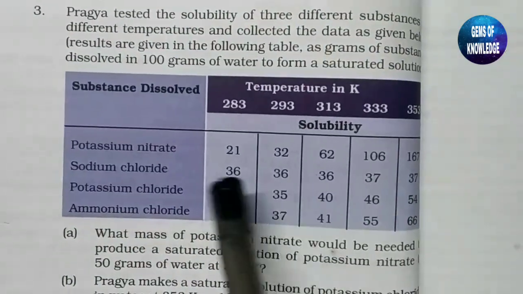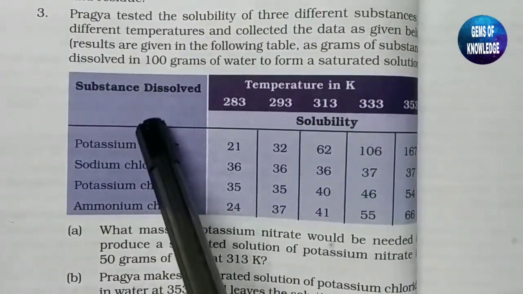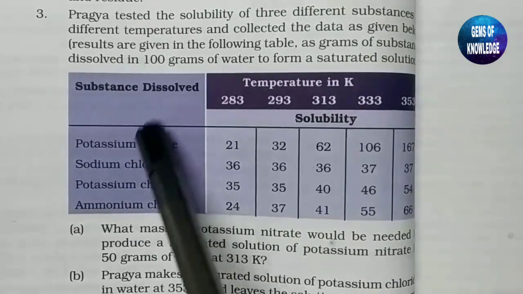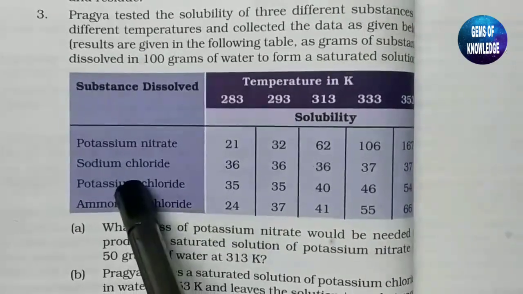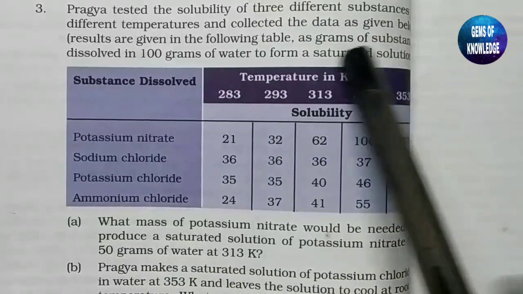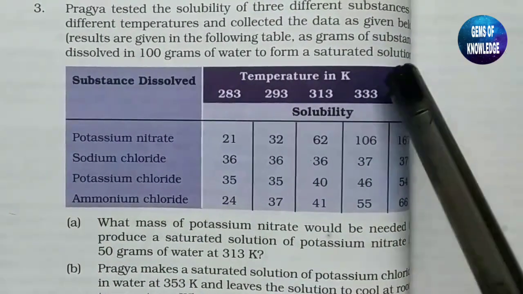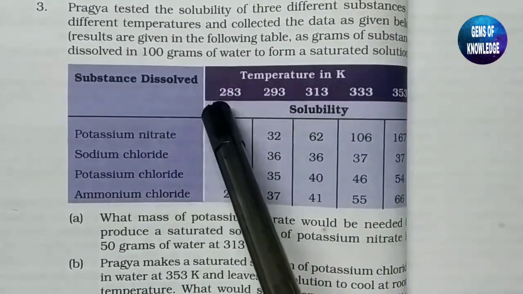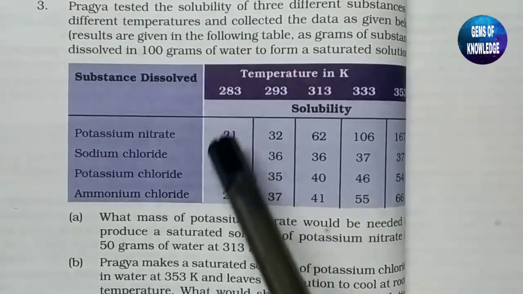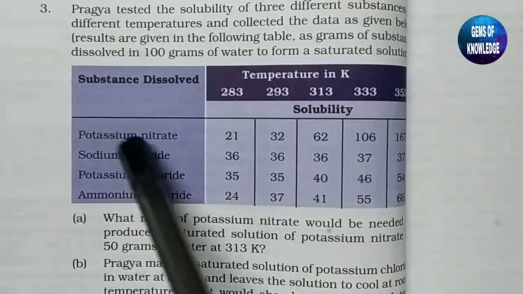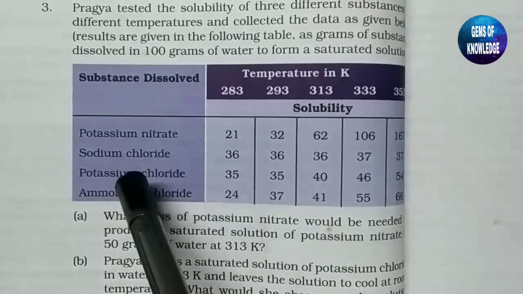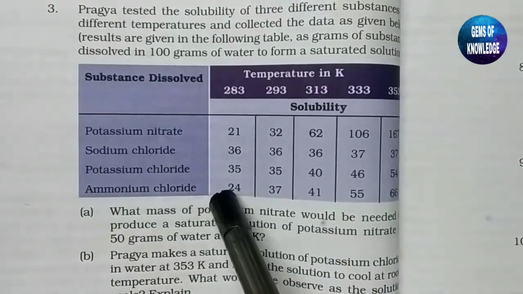So you all can see the table here. Okay, here you can see the substance dissolved has been given. These are nothing but the 4 different types of salts given here, and the temperatures are given in Kelvin. This is 283 Kelvin. At this temperature, what is the solubility of potassium nitrate, sodium chloride, potassium chloride, as well as ammonium chloride?